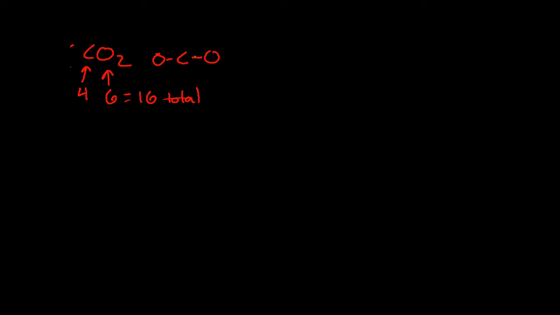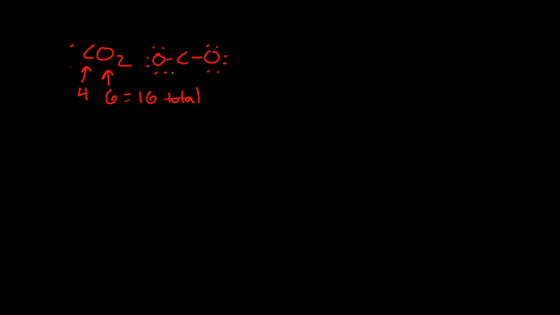So we already have 4 from the single bonds, so starting from there, we have 6, 8, 10, 12, 14, 16. We've run out of electrons. And by the way, it doesn't matter which oxygen you start on. And that'll be the case for everything. It won't matter which one you start with, assuming that they're all the same. So, we put in our 16 electrons.